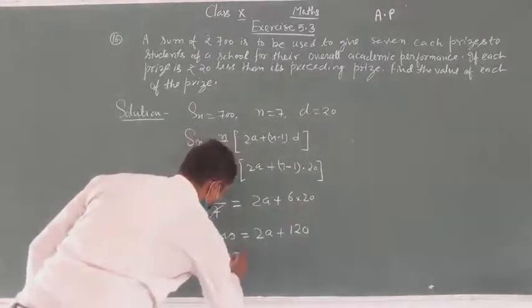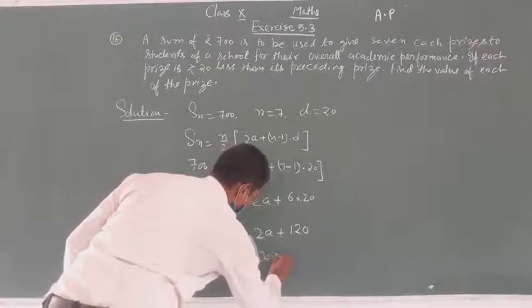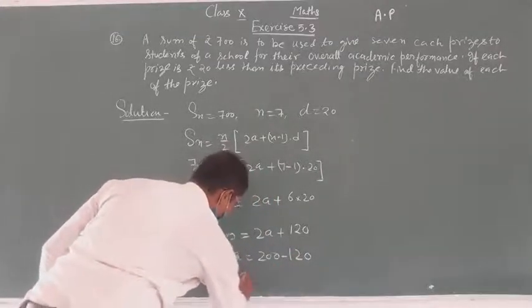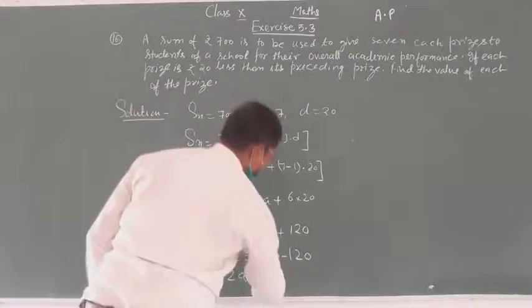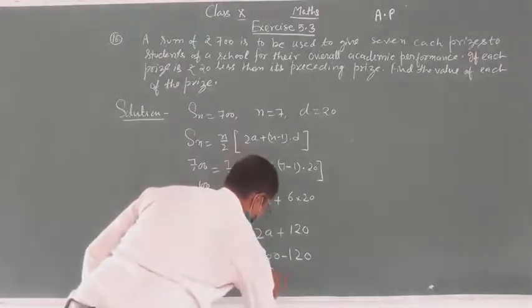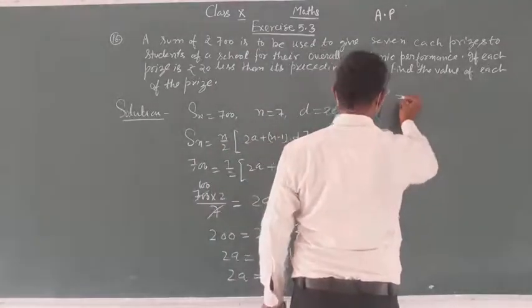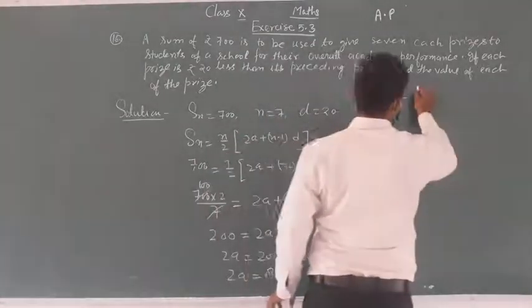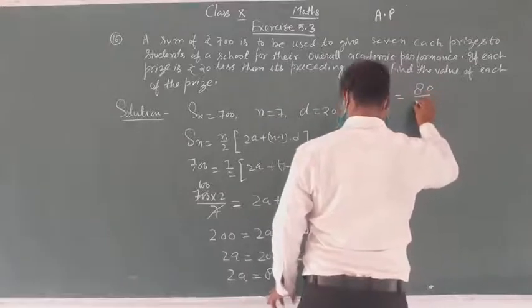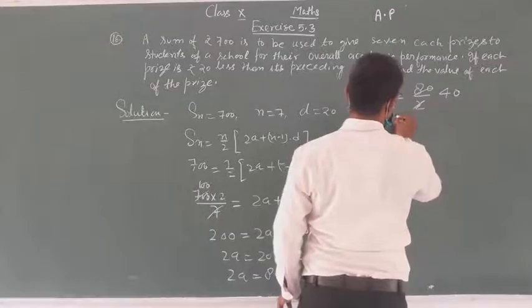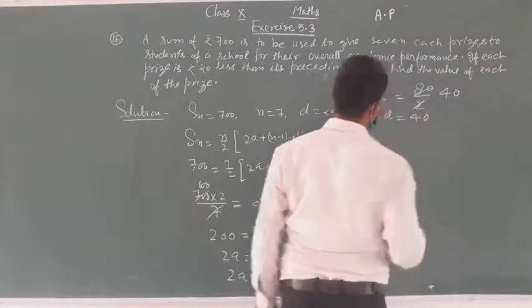So 2a is equal to 200 minus 120. 2a is equal to 80. So a is equal to 80 upon 2, which is 40. So a is equal to 40.